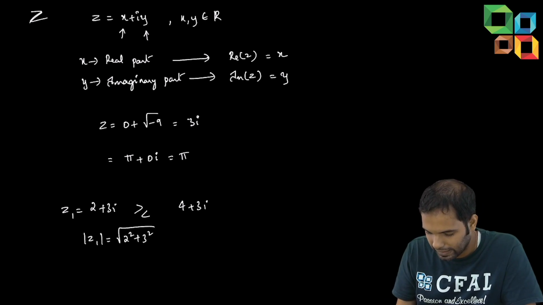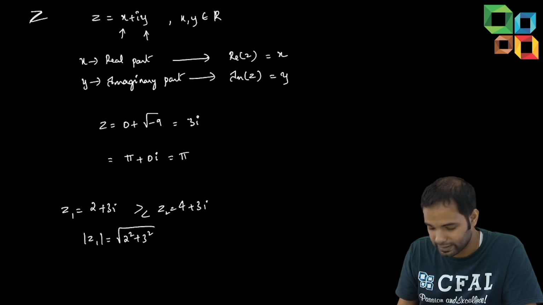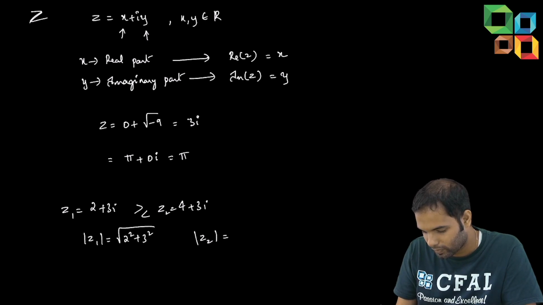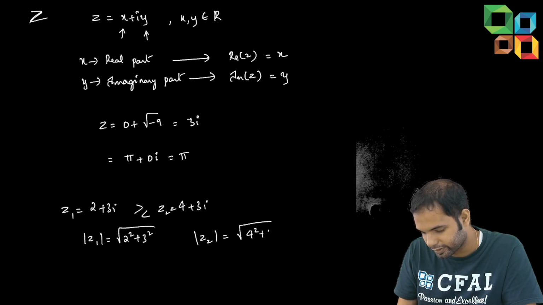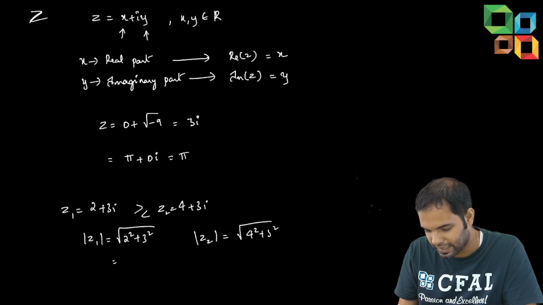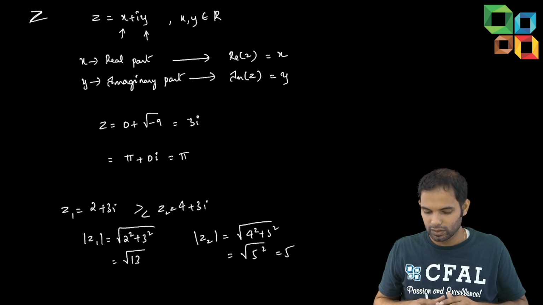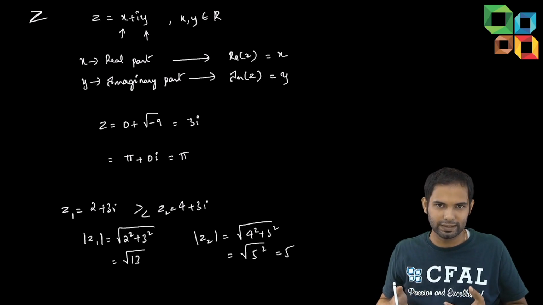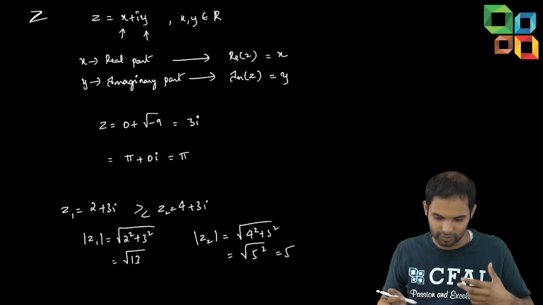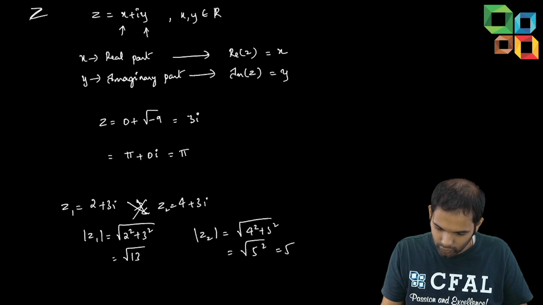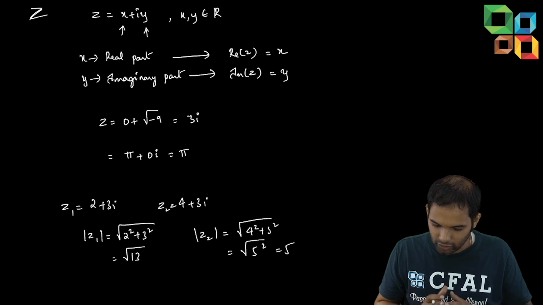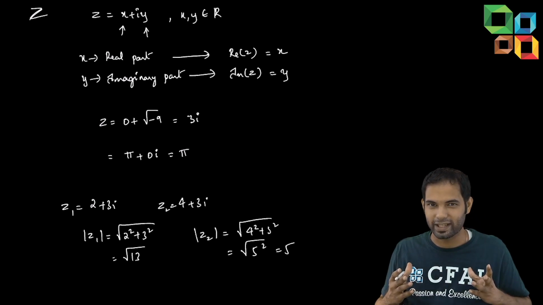And this other number is Z2, whose magnitude is root of 4 square plus 3 square. We can simplify that: this is root of 4 plus 9, which is root 13. And this is root of 4 square plus 3 square, which is the standard one, root of 25, so it's 5. Just because the magnitude of Z2 is greater doesn't mean that the complex number is greater. We can never compare these. So let's not compare Z1 and Z2, but we can compare the magnitudes.